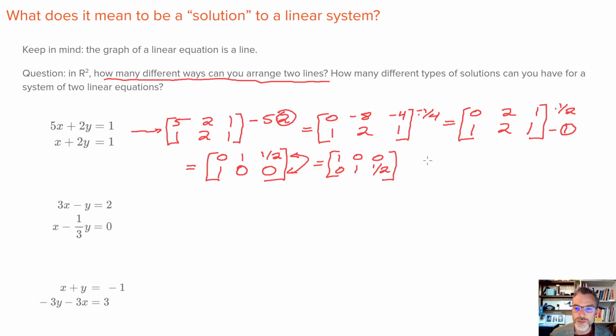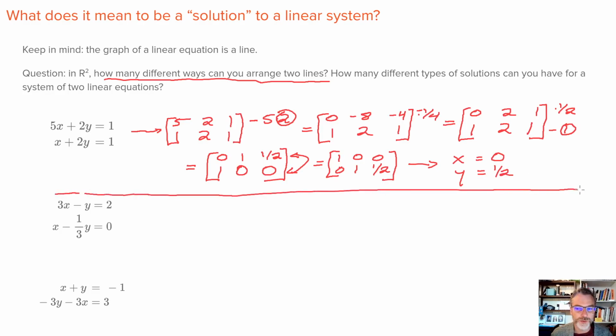Okay, I can reinterpret these in terms of the systems of equations, and I've got x equals 0, and then y is equal to 1/2. Now if we go back to that first question for a second, each of these is a line in 2 dimensions.